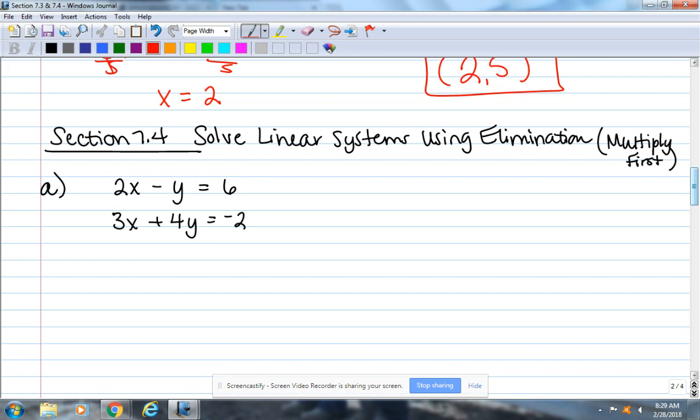Okay? Do any of these variables have opposite coefficients? No, they don't. So what you do when you have variables that don't have opposite coefficients, and you can't just multiply through by a negative to change the sign, is you look for something you can multiply to make a variable cancel out. Okay?